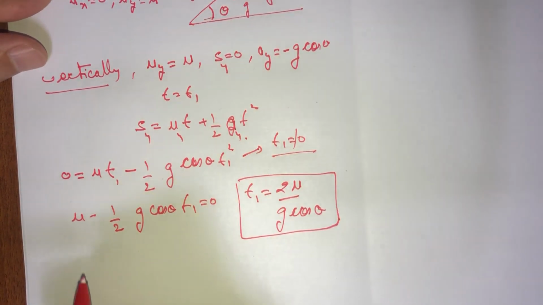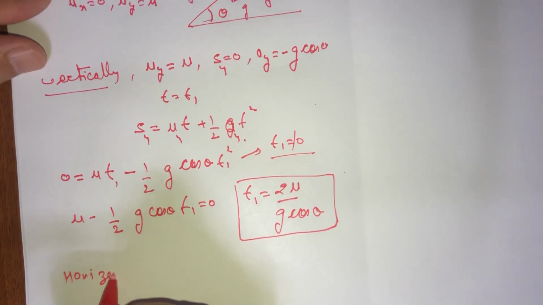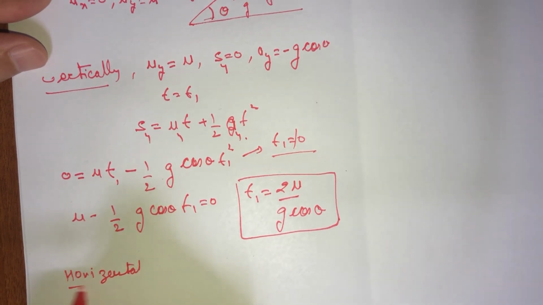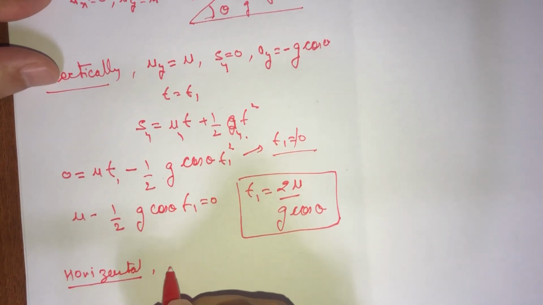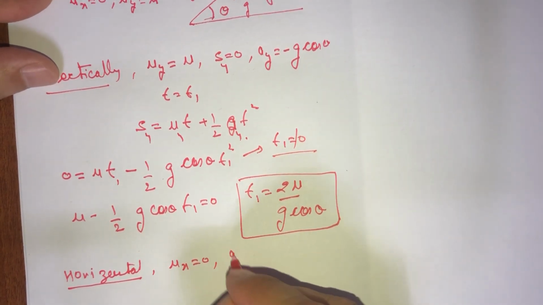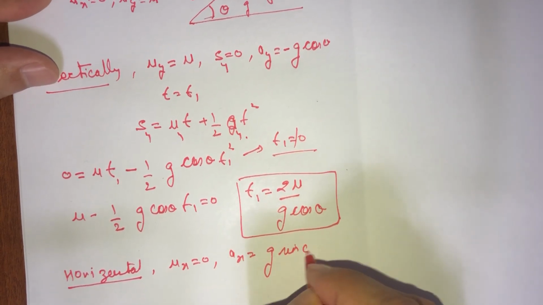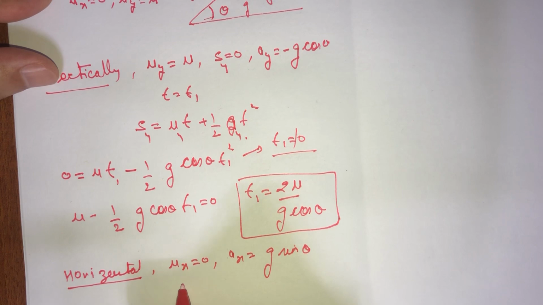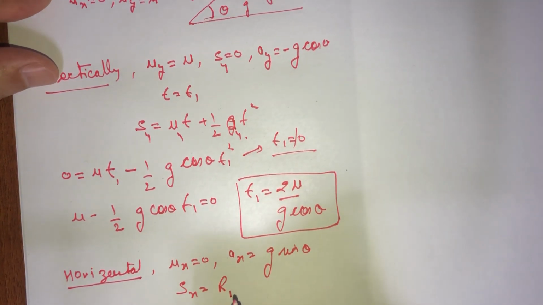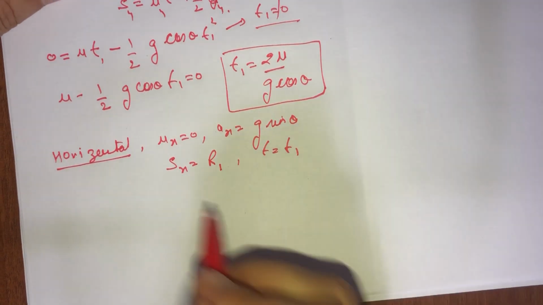For the same motion from A to B, now we are going to discuss horizontal motion. u of x is 0, acceleration in x direction is g sin theta, and let us suppose the distance traveled in x direction is the range. At first we call it r1, and time is t1.